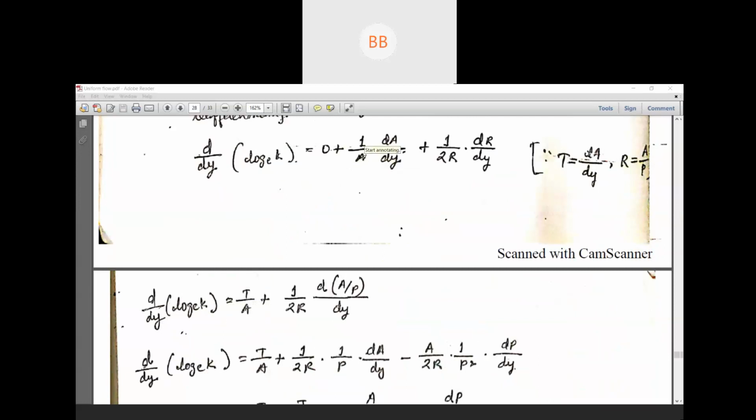Then next is your 1 by A dA by dy. So we have already discussed that dA by dy, in place of this, we can write top width. So here that is top width by area. Okay. Plus the last term, in place of R, we have replaced by area by perimeter. Okay. Area by wetted perimeter.